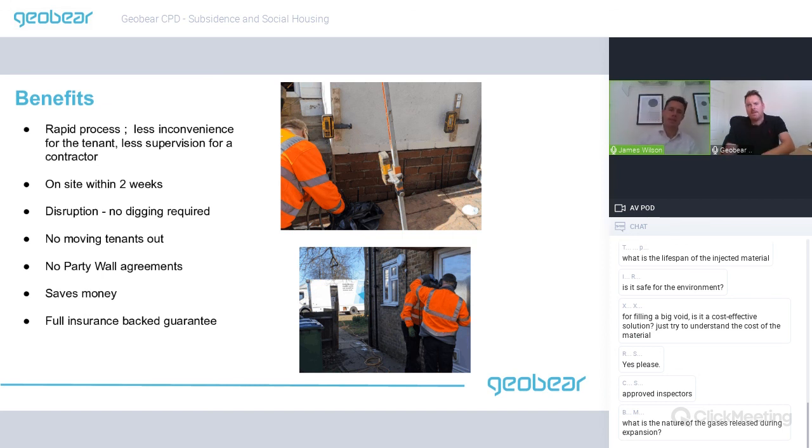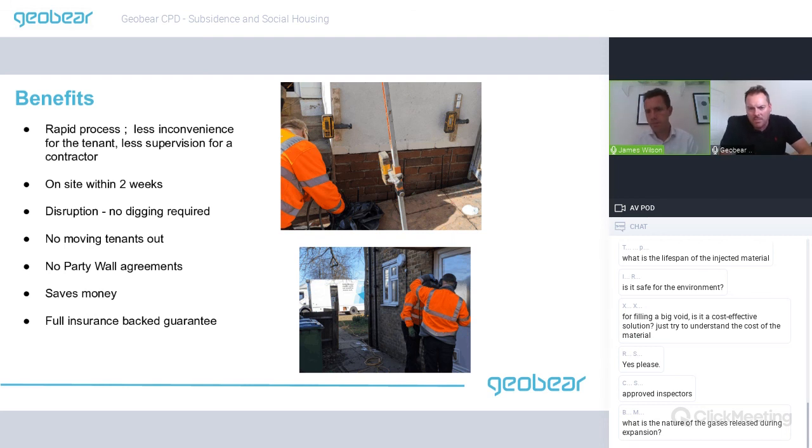We're always doing the work downstairs, usually from the outside of the property, but if we have to do it from the inside, the property owner or the tenant is advised to be upstairs, though it's not hazardous if they're upstairs. I don't know the exact nature of the gases released, but we can certainly get that information to you.